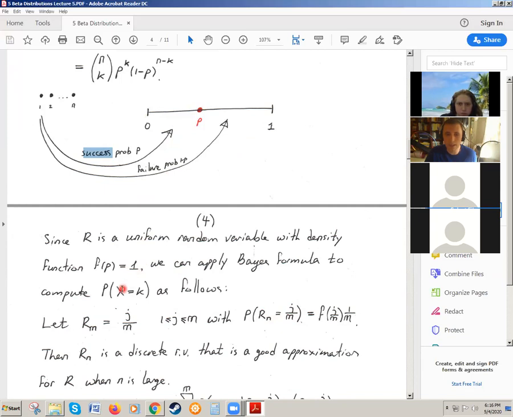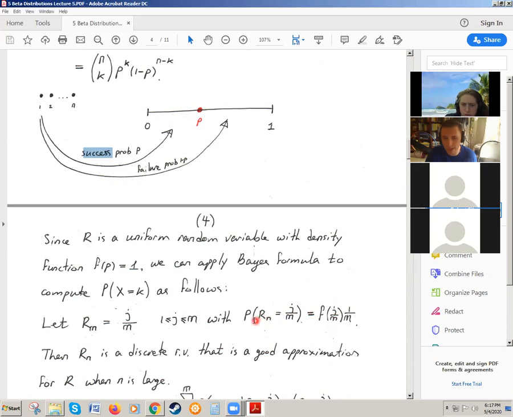Now, we know that the actual R is a uniform random variable. But again, how did we even construct it? I always imagine that the uniform random variable is almost like a discrete random variable, where the probability that this outcome, let's say this point P, happened is the area of a thin rectangular column, where the height of this column is given by the density function, and the width of the column is dp, just the difference on the x-axis.